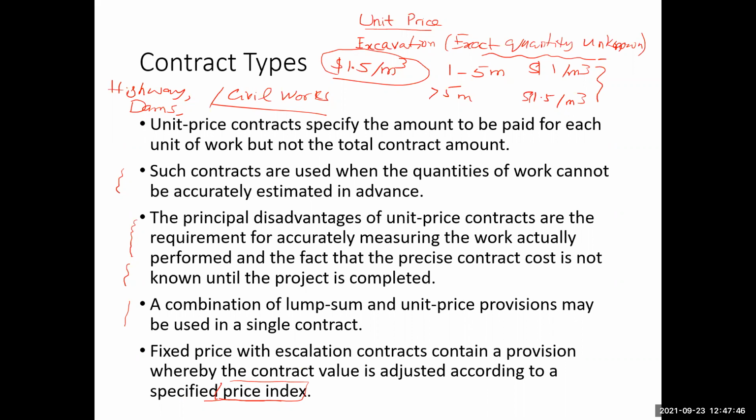So the contractor may have a fixed price contract, but with the escalation clause that if in the future the prices of certain items in the work may increase, we may also have their price indexes. So therefore the prices of these items of the work may be adjusted.